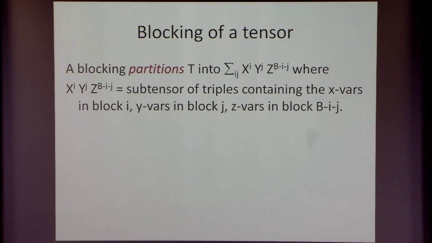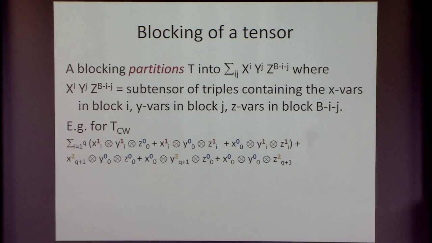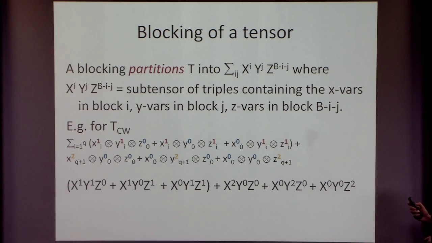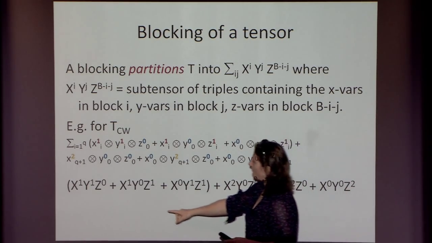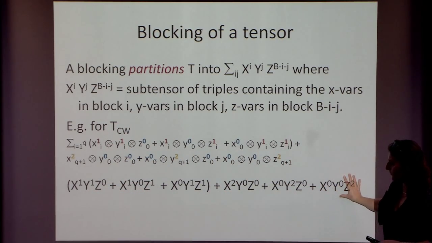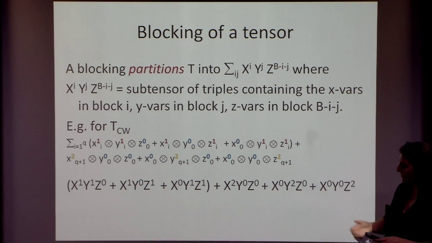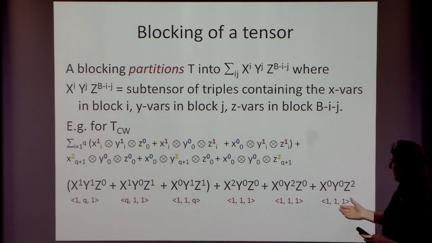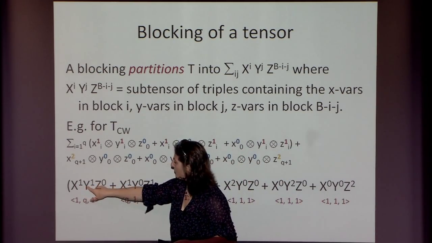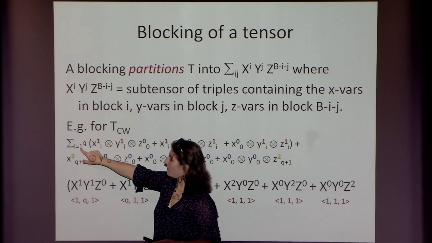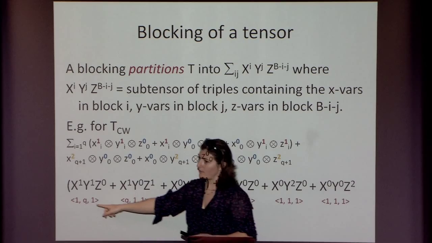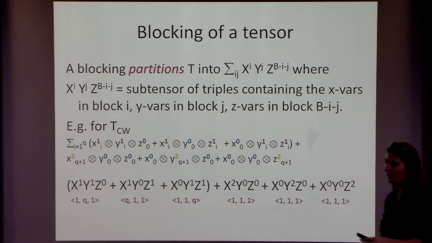So I'll say a little bit more about this. Here's the example for the Coppersmith-Winograd tensor. I have the blocking as before, and this defines a partitioning of this tensor into these triples. And each of these block triples is a small tensor by itself, and they actually are matrix multiplication tensors. So x1, y1, z0 is actually the sum over i of xi, yi, z0, and this is a 1 by q by q by 1 matrix multiplication.